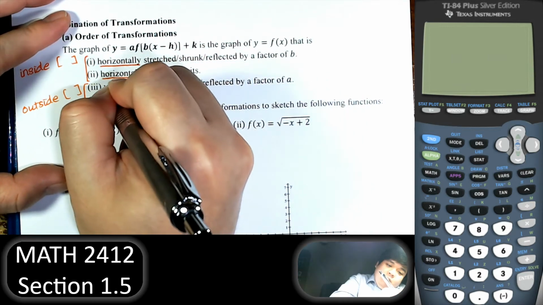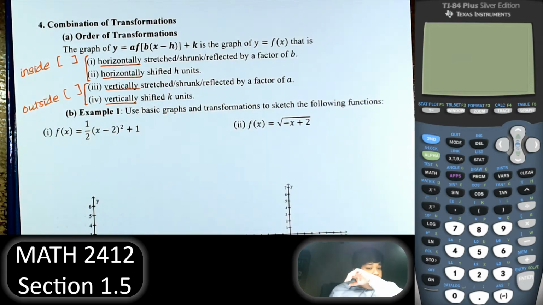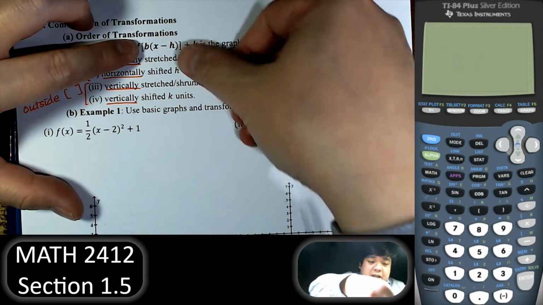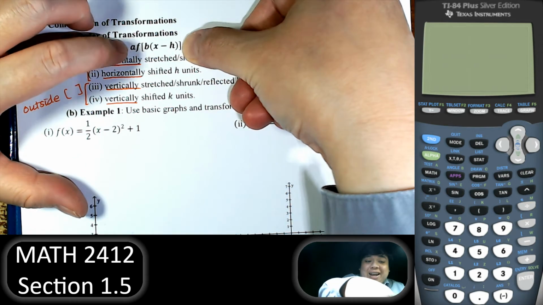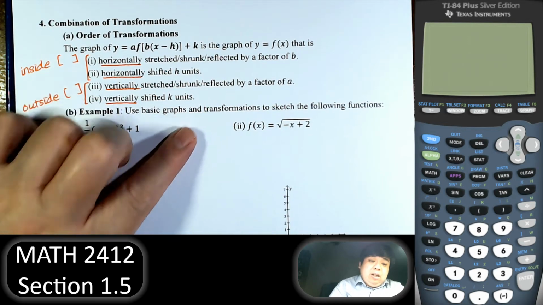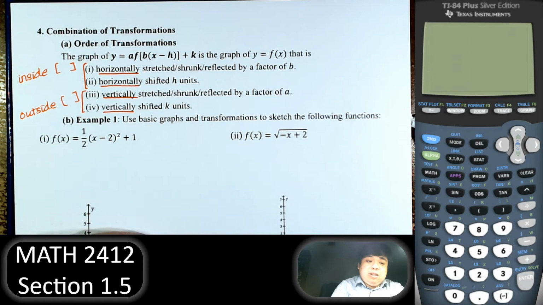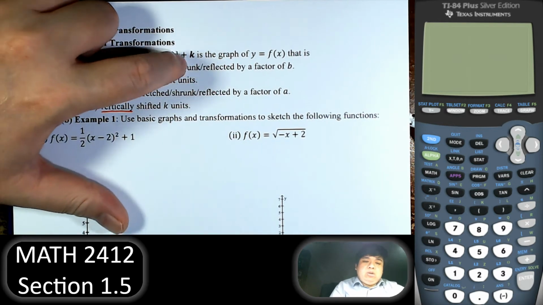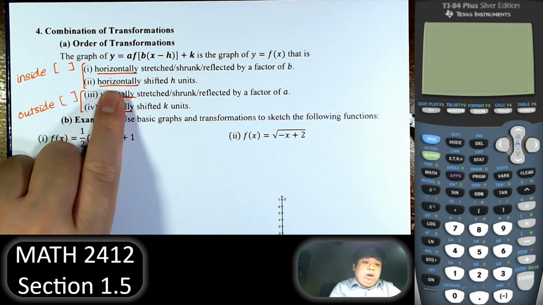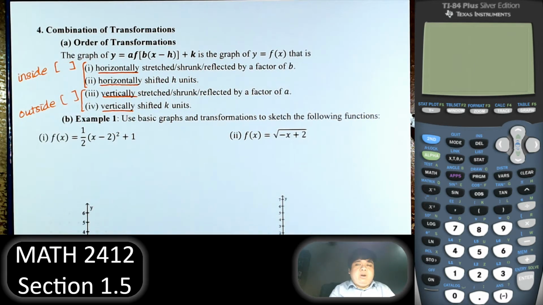Outside will affect the graph vertically. Now within that, multiply, divide, and then add or subtract. Multiply or divide means stretch, shrink, or reflect. And then add or subtract means it will shift. So stretch, shrink, reflect before we do the shift, whether it's vertical or horizontal, it doesn't matter.